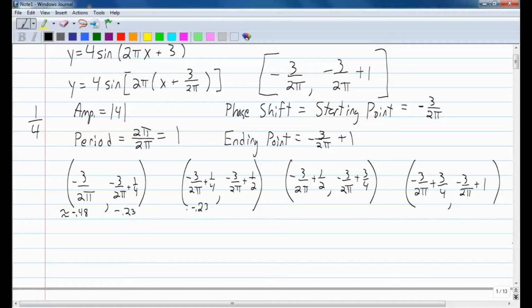All these again are approximations, so if you add 0.25 to that, this is going to be -0.02. That's almost right at 0. Okay, so that's -0.02. This next point will be -0.27.